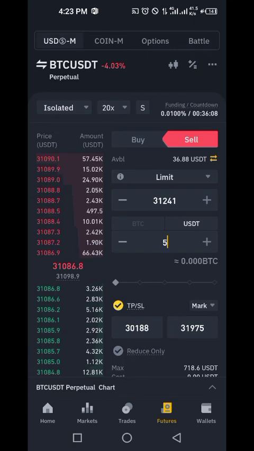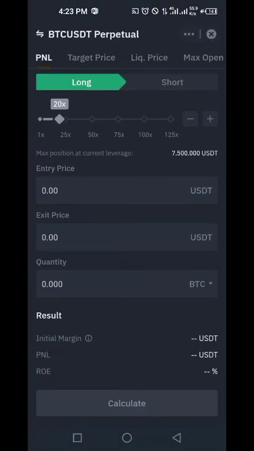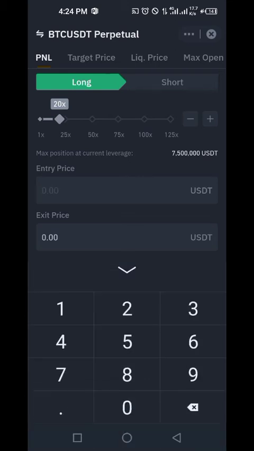Now one thing, lest I forget, one thing you have to take note of is when you are checking your stop loss, when you enter your stop loss price, exit price, and your entry price, and this PNL. 3,500. Let me just use an example.